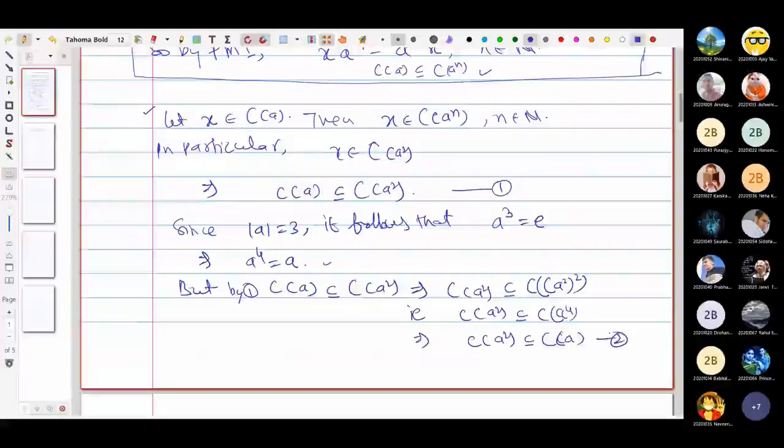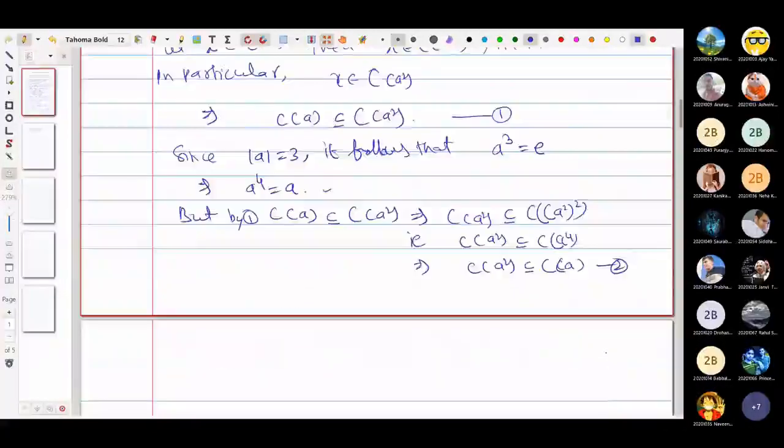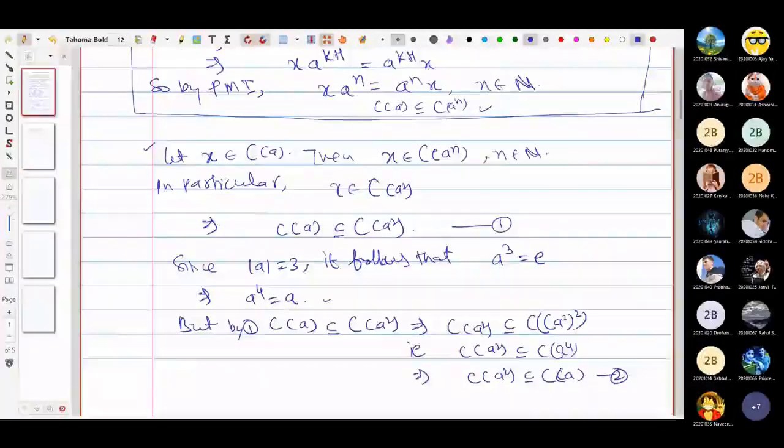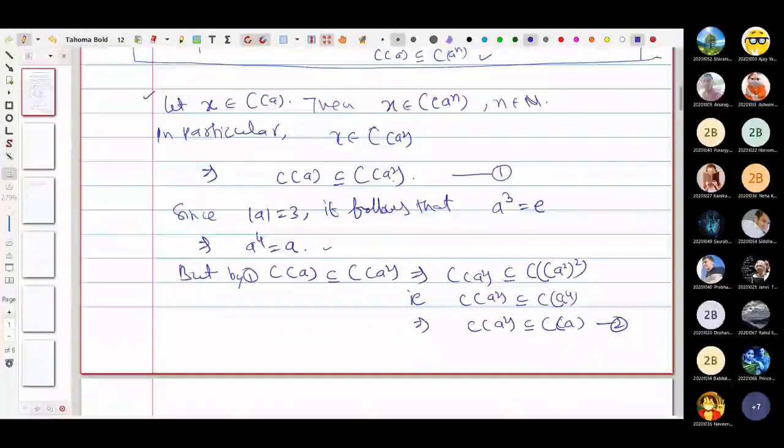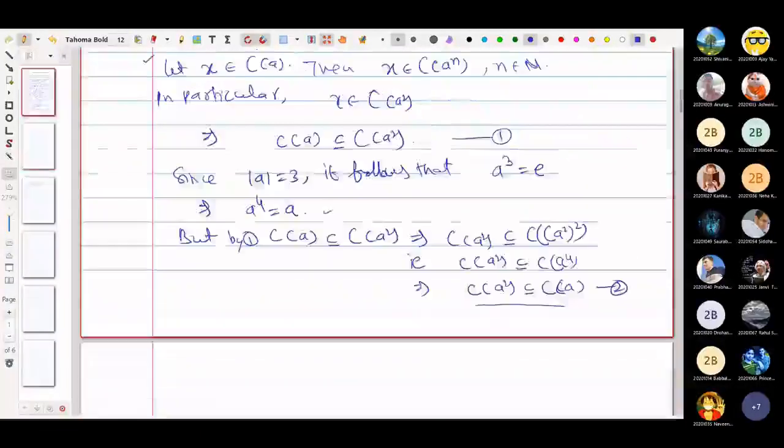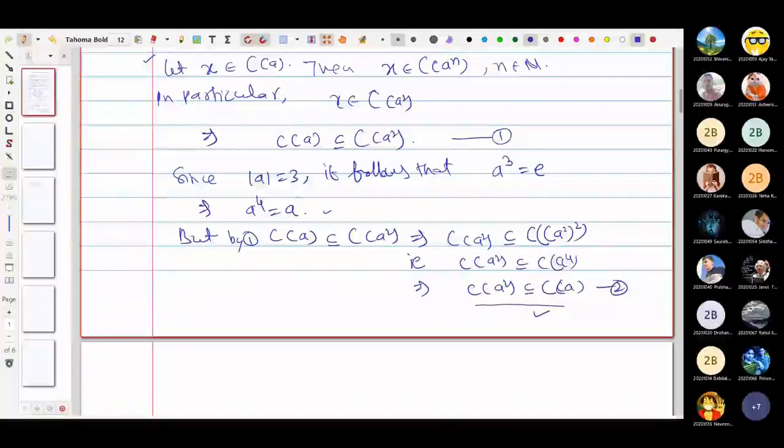So from 1 and 2, we get the desired result. In 1 we have proved that the centralizer of A is contained in the centralizer of A square, and here we come to know that the centralizer of A square is contained in the centralizer of A. Note that for this we are using that the order of A is 3.